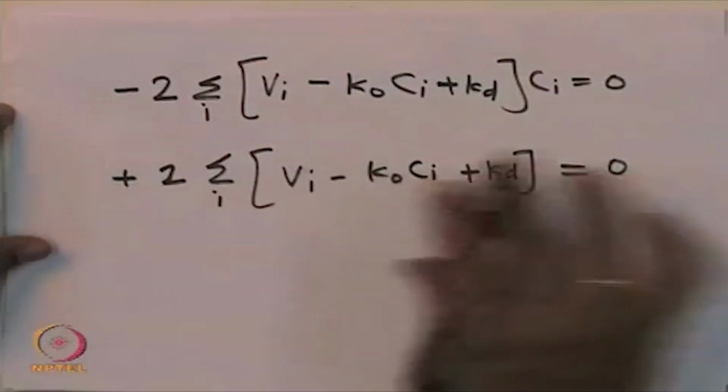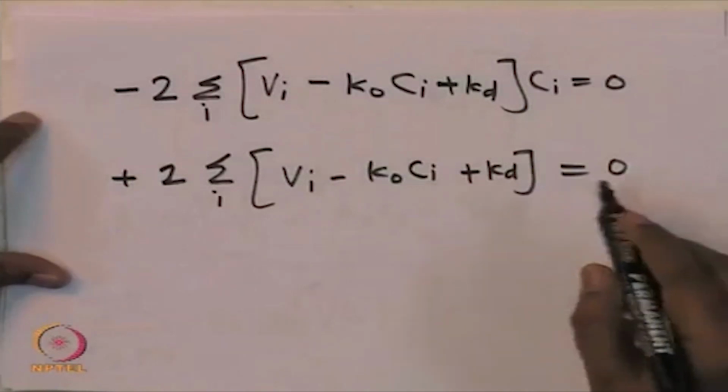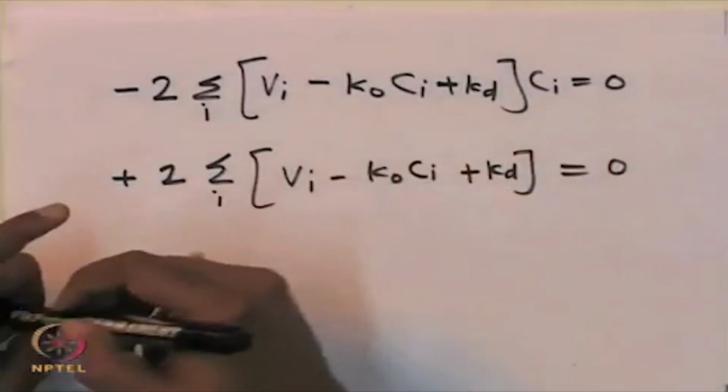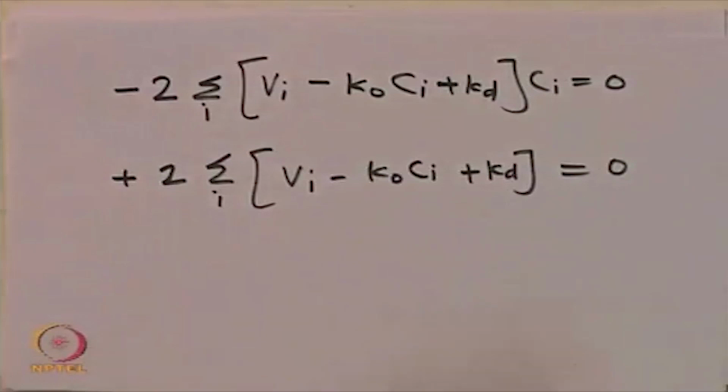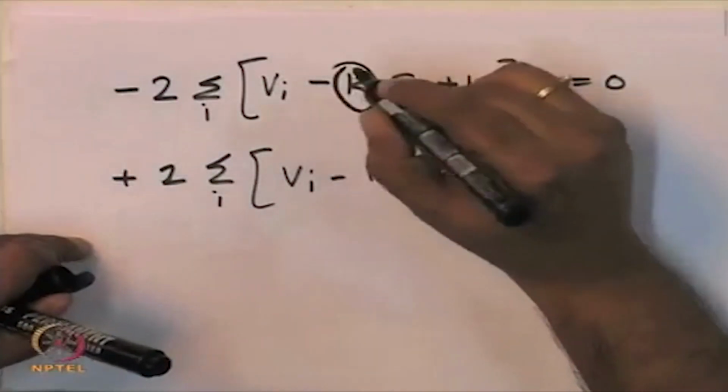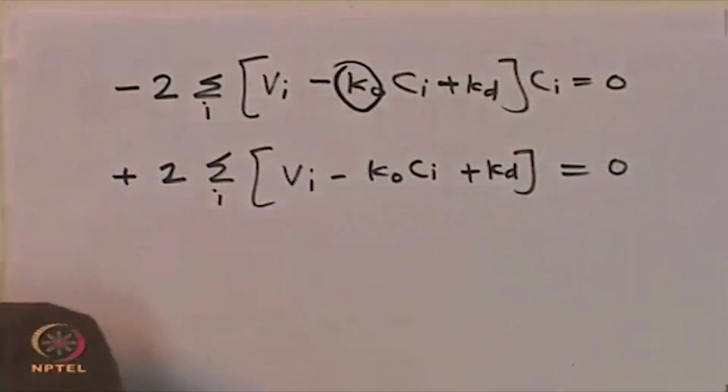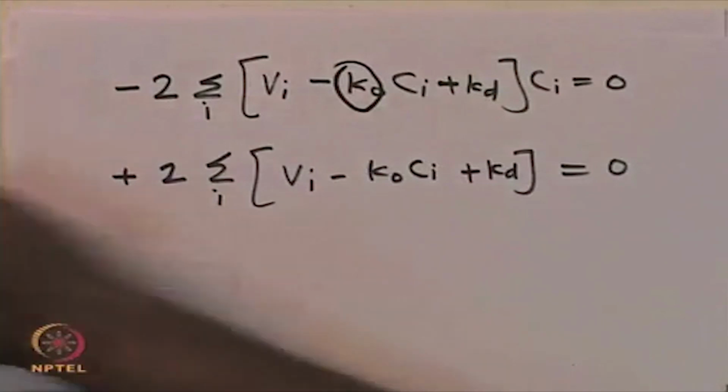So these are the 2 equations, and you have 2 unknowns here. The 2 unknowns are K 0 and K D.